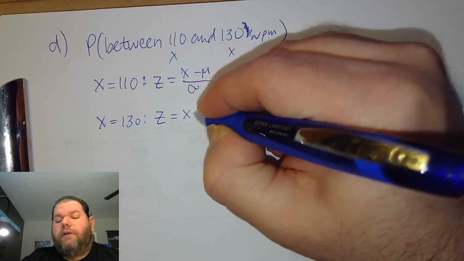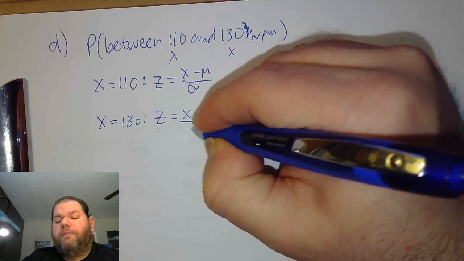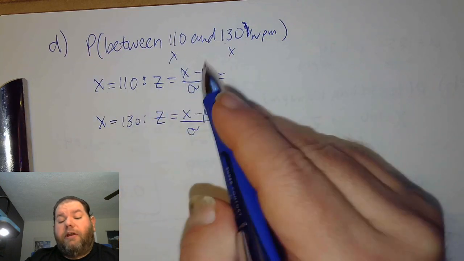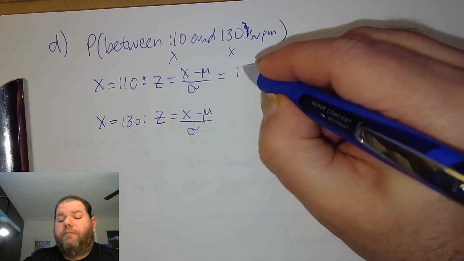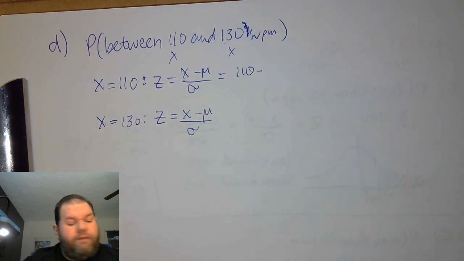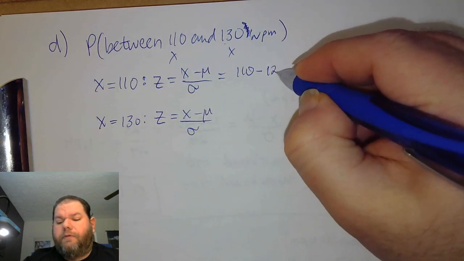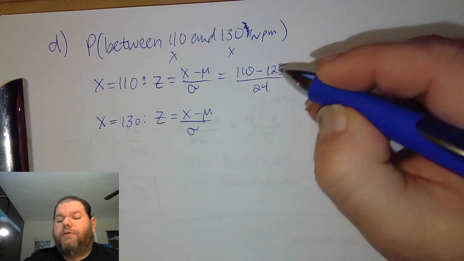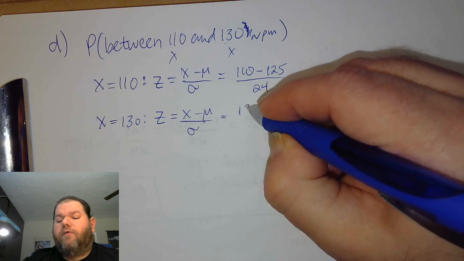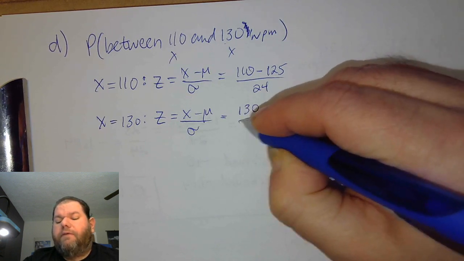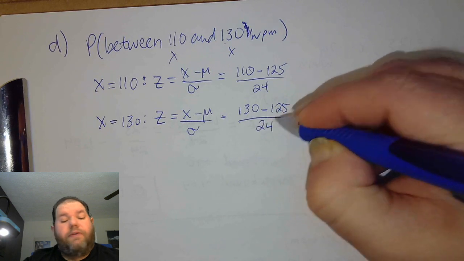And again, z is x minus mu over sigma. So for x equals 110, we'll plug in 110 for x. Mu is 125, and sigma is 24. And then for 130, minus 125 over 24 for the second one.